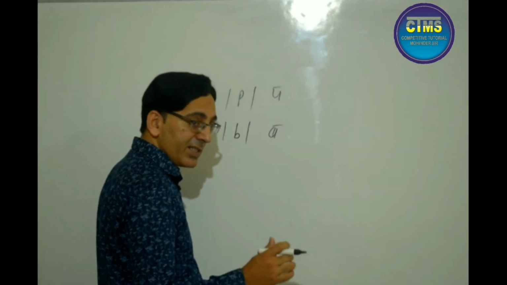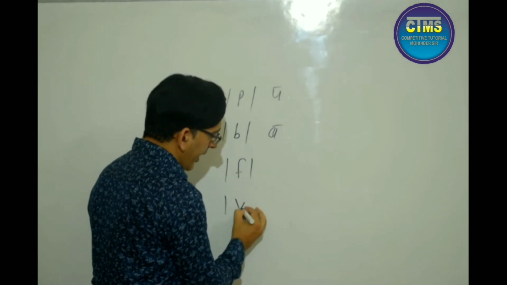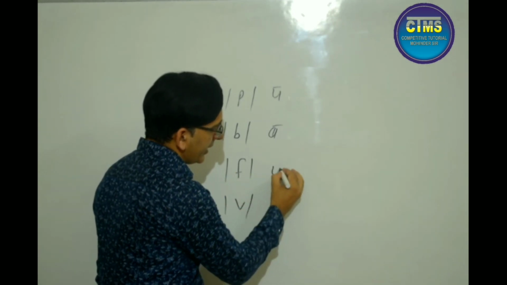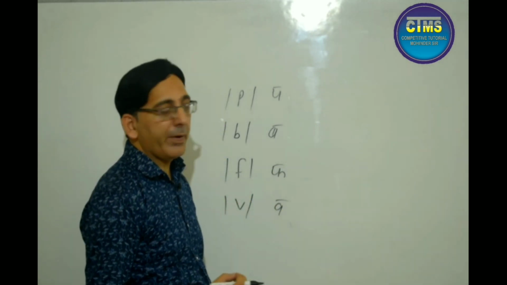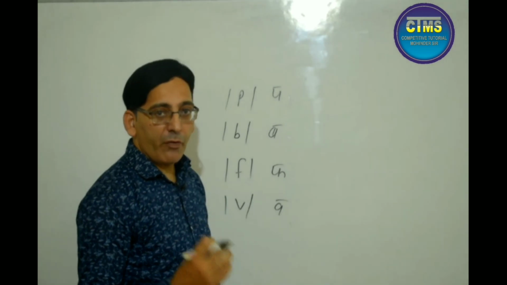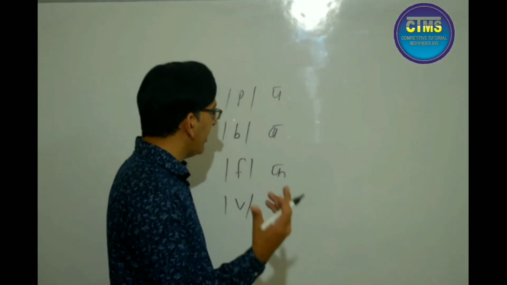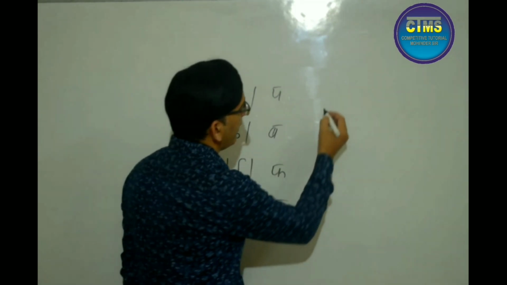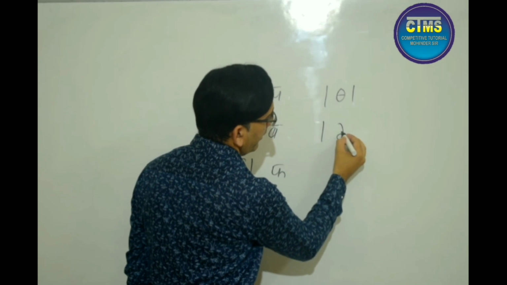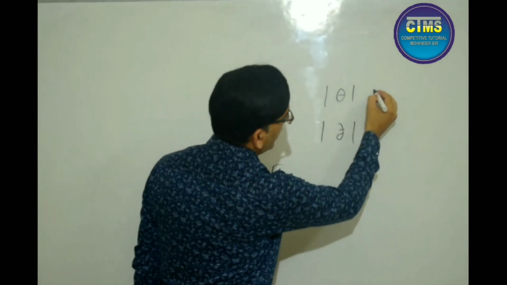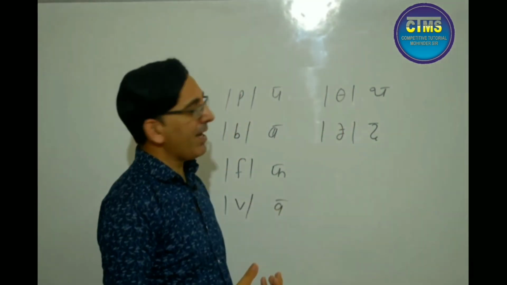The next pair is f and v. So these are 4 I have talked about. Let's discuss the third pair, the theta sounds. It's like theta in mathematics.